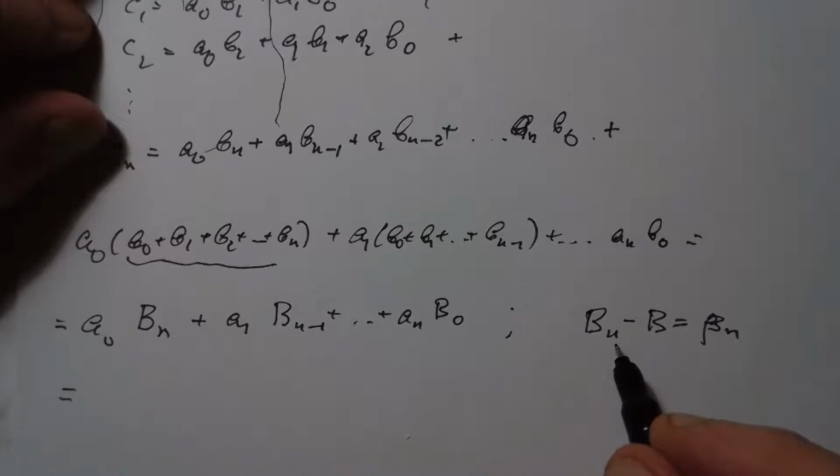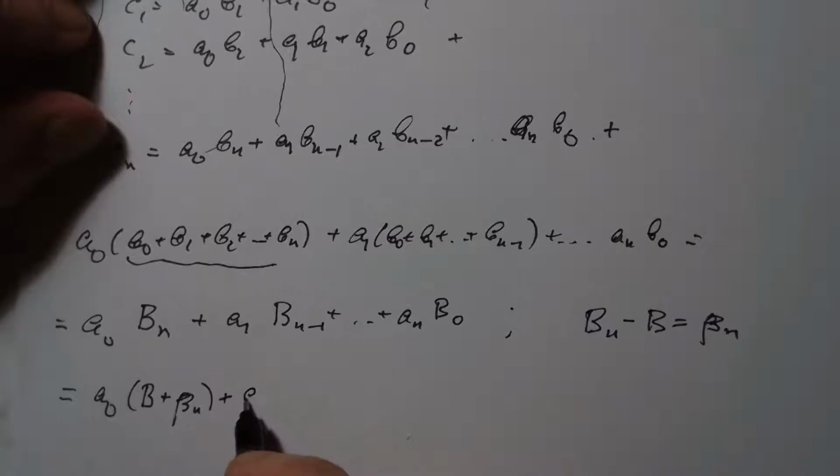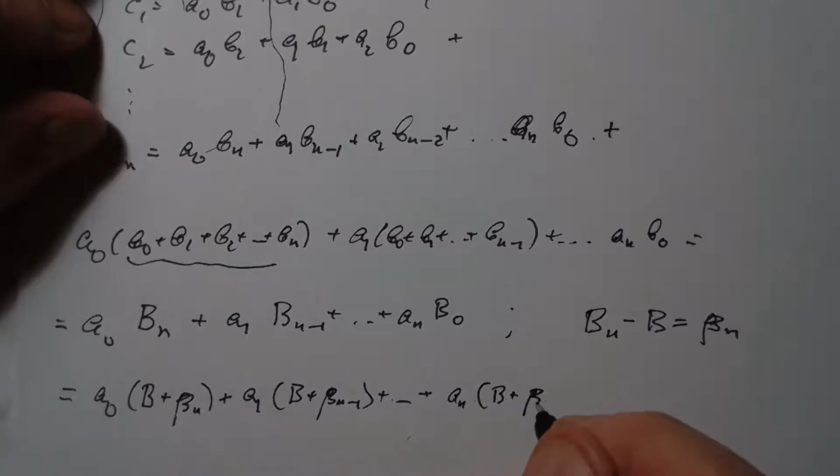Yeah, B_n is equal to beta_n plus B. So this is A_0 times (B plus beta_n) plus A_1 times (B plus beta_{n-1}) plus etc. plus A_n (B plus beta_0), right?